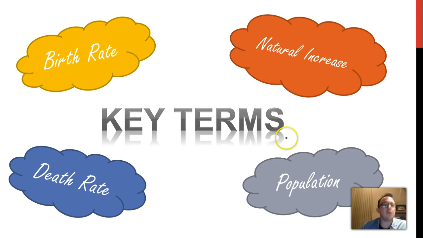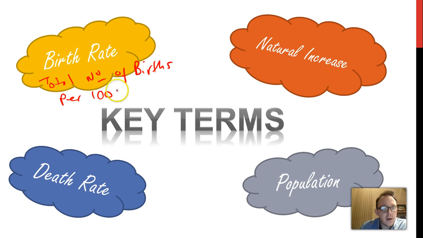Now, if you think about the key terms we need to know for this, these should all be familiar by now. So we've got birth rate, which is the total number of births per 1,000 population per year. Death rates, which is the total number of deaths per 1,000 population per year.